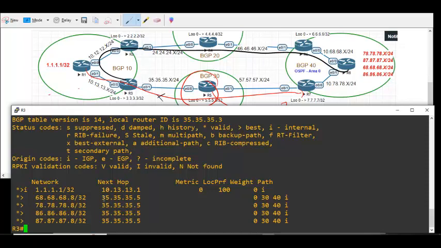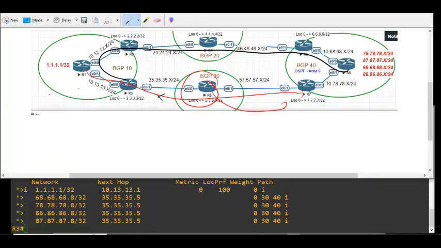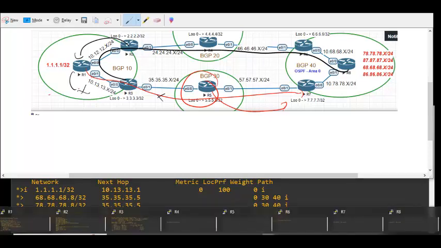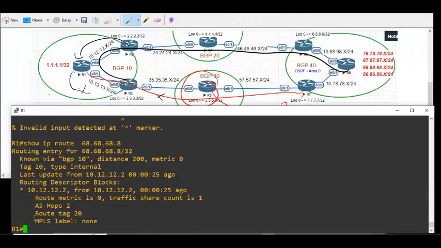How do we say that? We go to router 1 and say router BGP 10. You can give to neighbor 10.13.13.3 because he is your route reflector client. Means you can reflect to him.